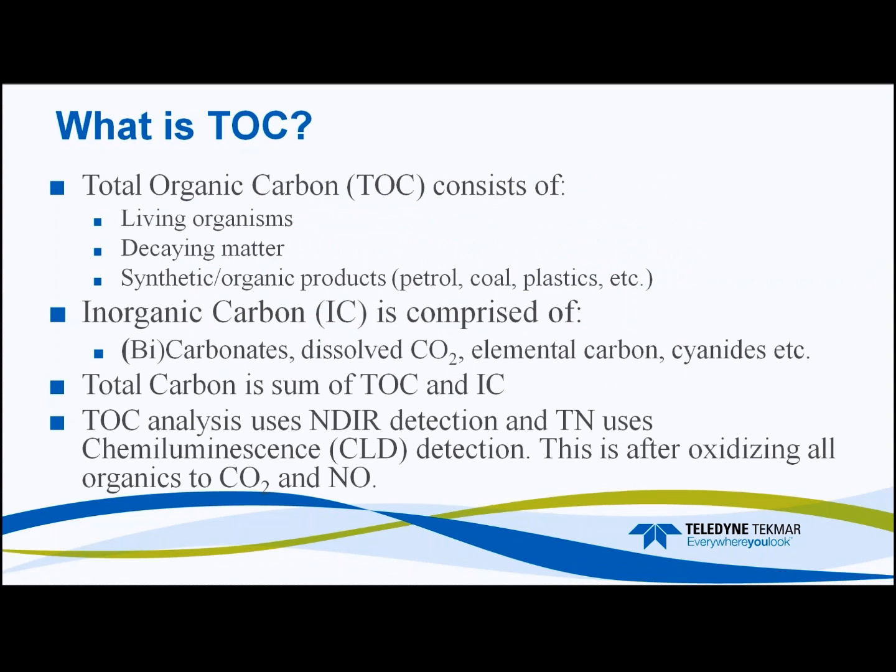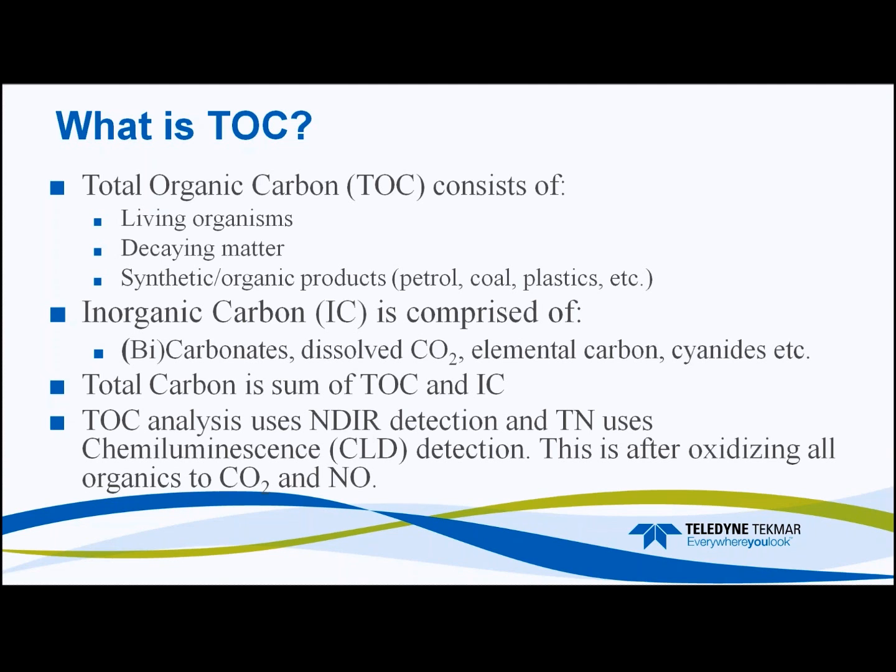All right, so when we're talking about TOC, most of our total organic carbon consists of living organisms, decaying matter, synthetic organic products. I'm hoping most of you are familiar with TOC, but generally our samples are made up of some type of organic carbon and inorganic carbon. And oftentimes the inorganic carbon is comprised of carbonates and bicarbonates.